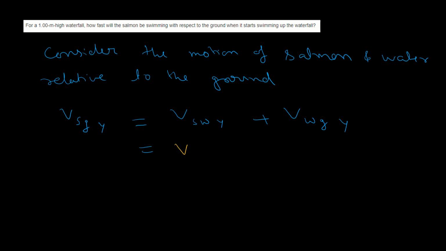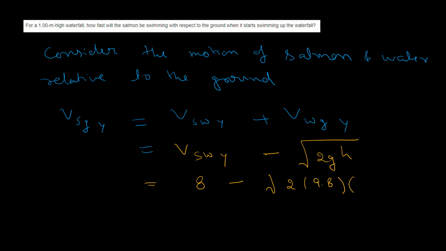So this whole equation will become v of salmon relative to ground on y equals v of salmon relative to water on y, minus the square root of 2gh, and this speed is 8 meters per second, minus the square root of 2 times 9.8 times 1 meter, which is the h given to us.